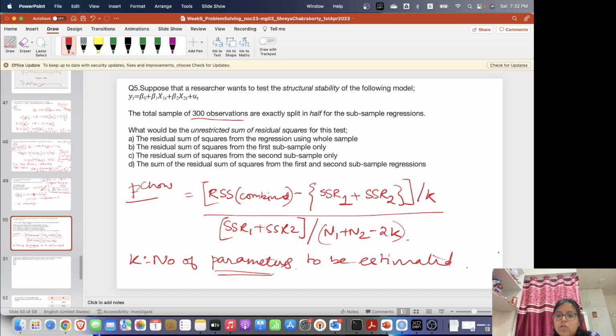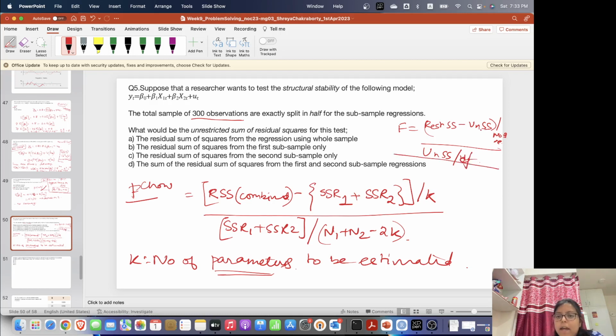Okay, so then if you move it into that unrestricted versus restricted framework, what we have is the restricted sum of squares minus unrestricted sum of squares, by number of restrictions, by unrestricted sum of squares by the df.